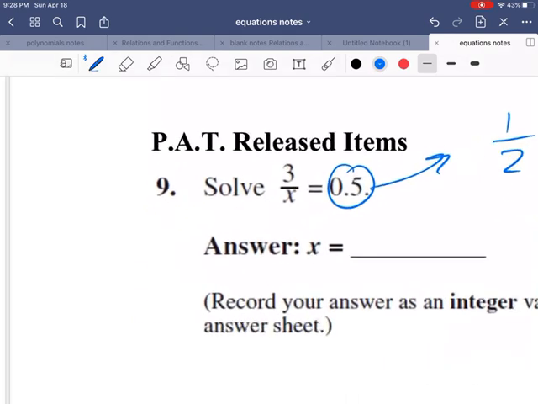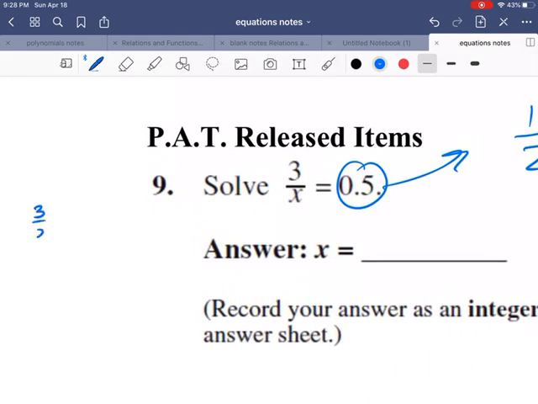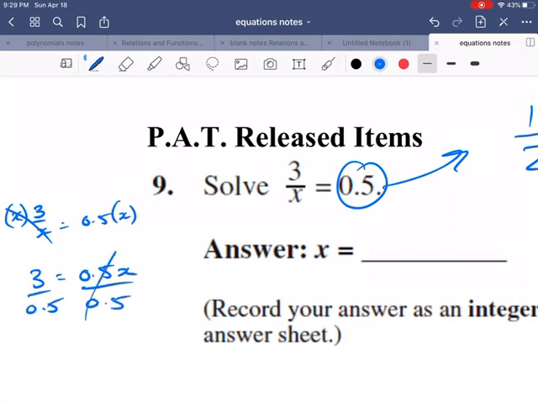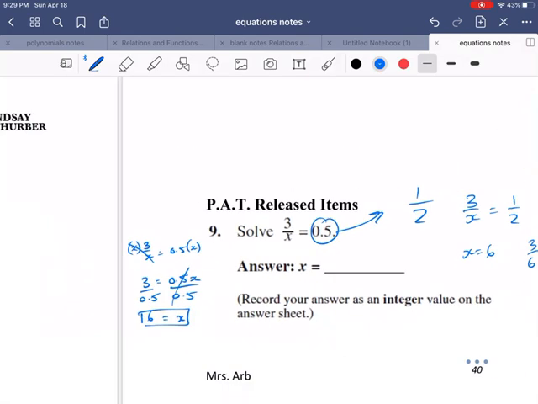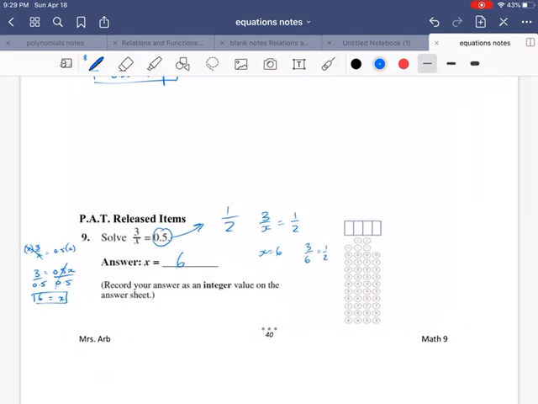Well, to solve it algebraically, you multiply each side by x, and you get 0.5x, and then you divide by 0.5. And on a calculator, 3 divided by 0.5 is in fact 6. So the answer, you would fill in on your Scantron like that.